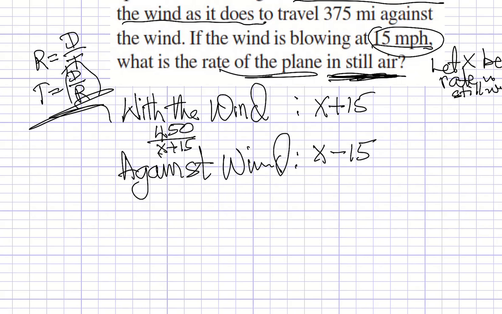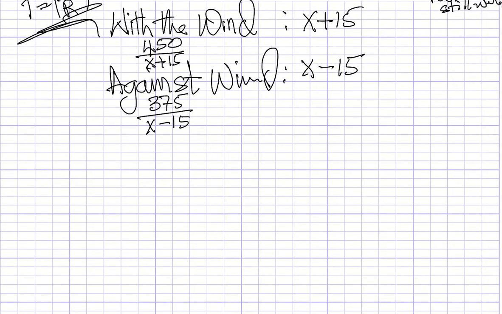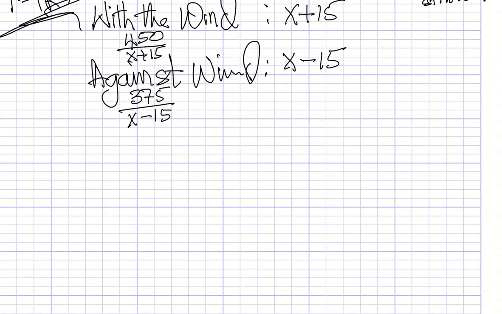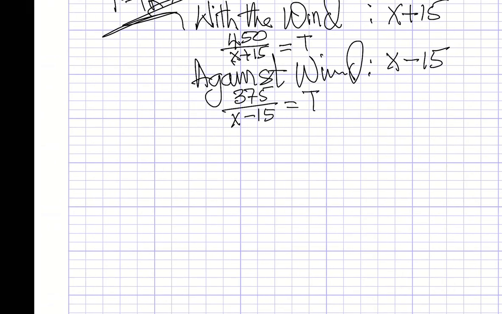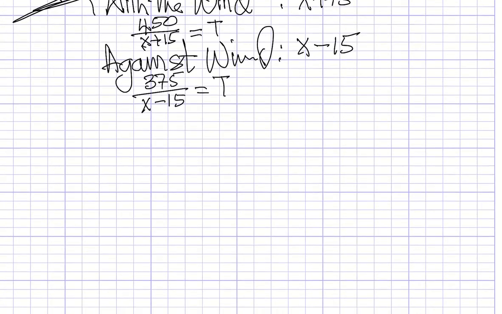Against the wind is 375 over x minus that. You see that, right? So both of them are equal because the time is equal. See, these are time. This is time here. This is time here. So the two times are equal because that's what the problem says. So you equate those two and then you solve.